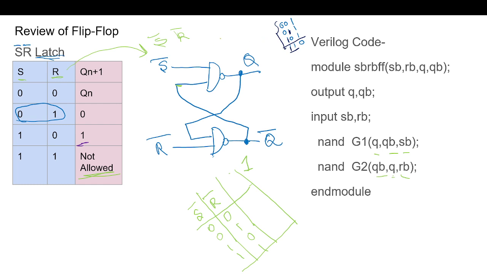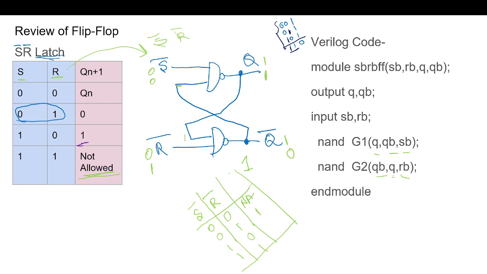So when S bar is 0 and R bar is 0, any one input being 0 ties the output to 1, so this is a not allowed state. When S is 0 and R is 1, the state is 0. So I know the output. This will always be 1, and this 1, 1 will come here, so it will be 0.